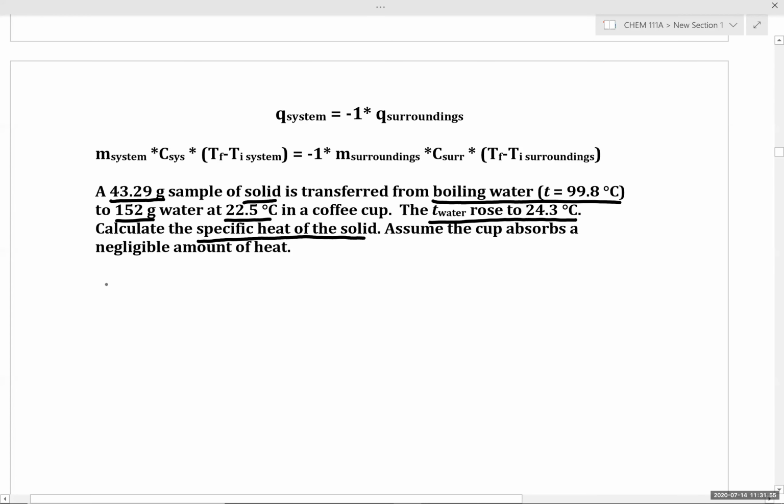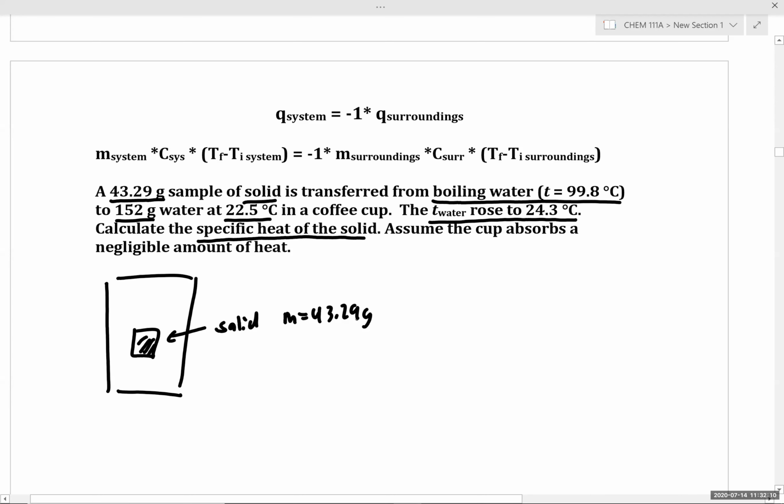Okay, so I like to draw pictures here. So we have our solid. The mass is 43.29 grams. The temperature initially is 99.8 degrees Celsius.